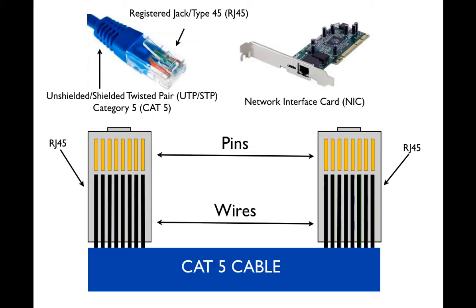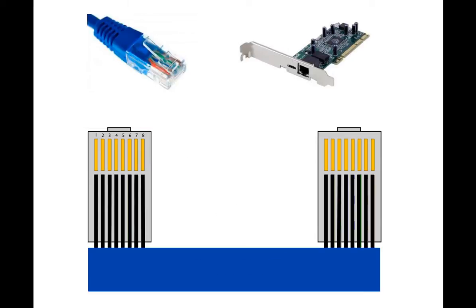Now if we were to take an RJ45 on one side and connect it to another RJ45 on the other side through a Category 5 cable, we see that the cables could not be painted black as we have here, because in looking at it a little bit closer, the pins are numbered 1 to 8 when looking at the clip face down.